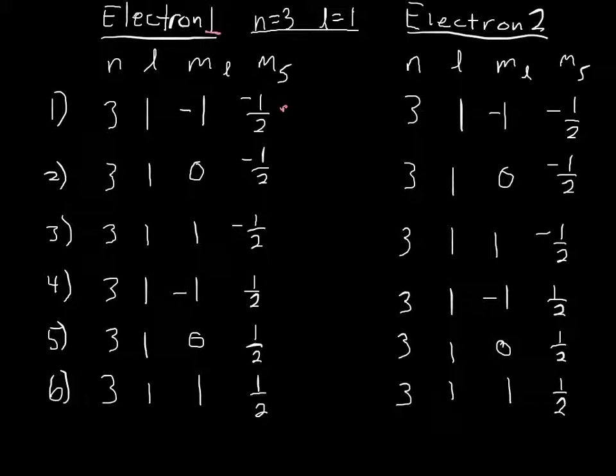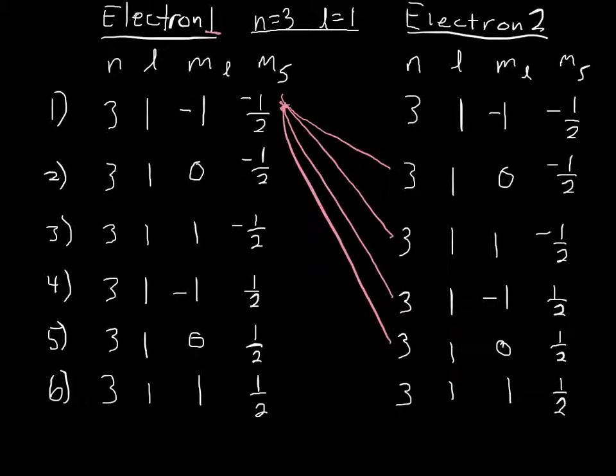So I can have electron number 1 in the one state, and I could have electron number 2 in this state, this state, this state, this state, or this final state down here.